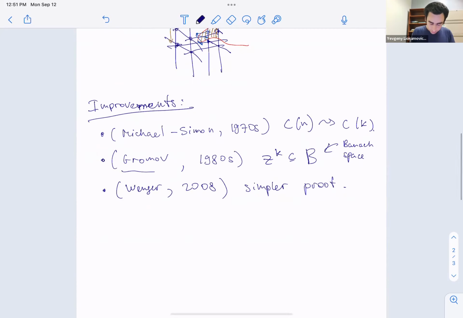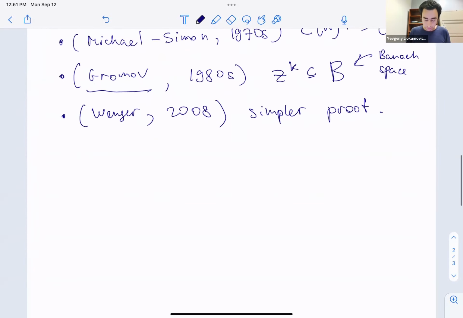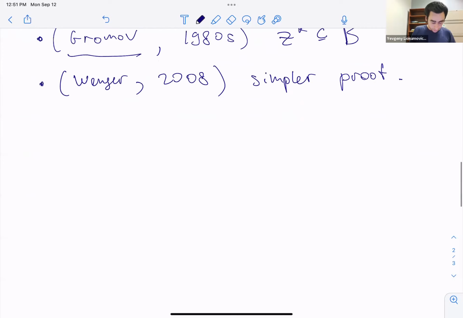The reason Gromov looked at this was because of the connection he observed to some important basic metric invariants of Riemannian manifolds. So let me write down what they are.